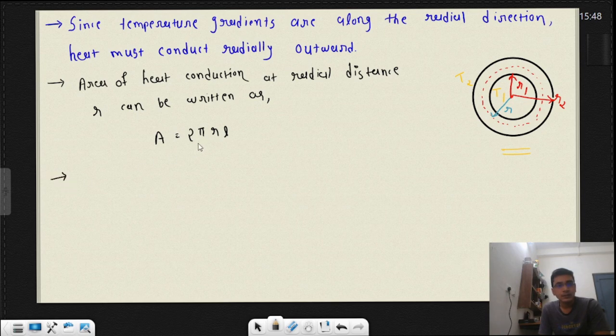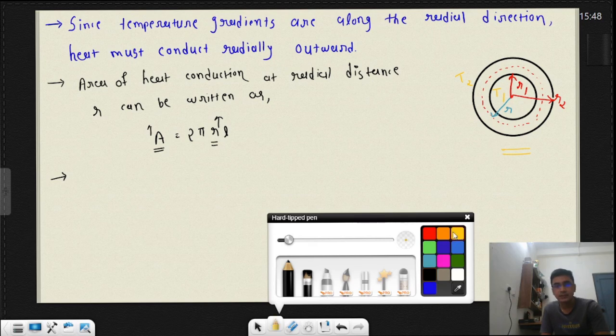So here you can see that the area of heat conduction is continuously changing with the radius. As the radius r increases, the available area for heat conduction will also increase. This is just a part, I will discuss later what its effect will be.